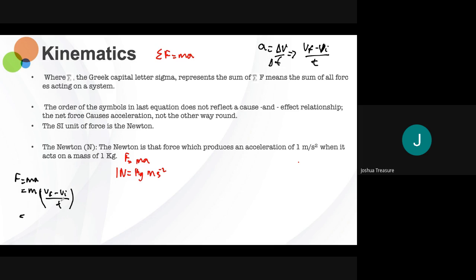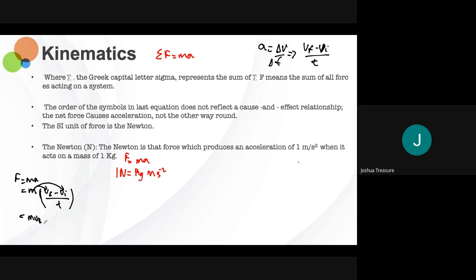Let's keep the 1 over t and expand. Multiply m by vf, what do we get? mvf.